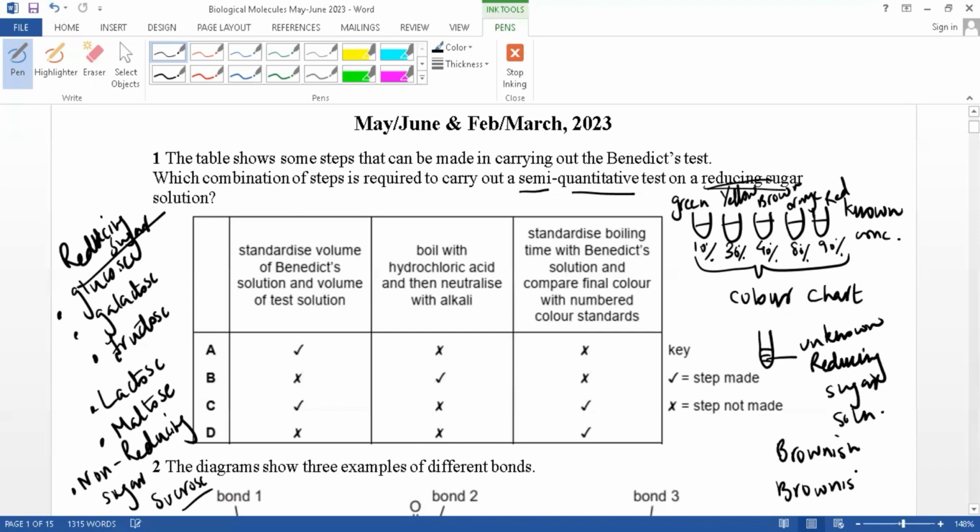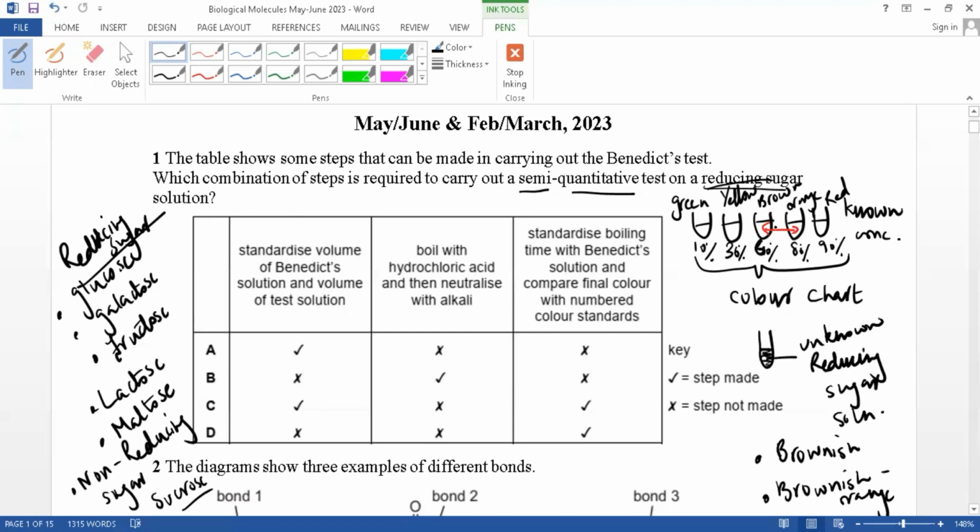So if I get brownish orange color for this unknown concentration of reducing sugar, then I can say that my unknown concentration lies somewhere between 40 and 80. Let's make it 60, because 40 would be very close and it won't give brown.